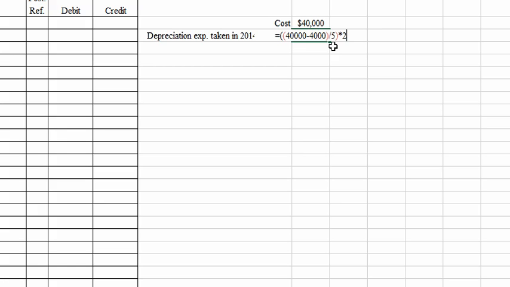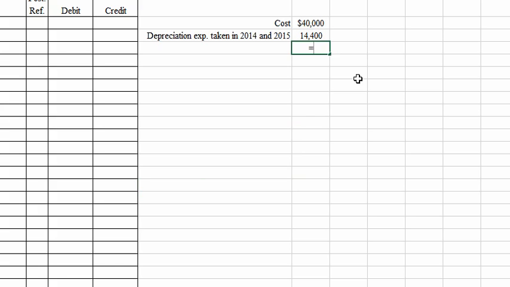That would get us the annual amount. We've already depreciated the computer in 2014 and 15. I want the total for the 2 years, so I'm going to multiply that by 2. So I get 14,400. Okay, and I want to subtract that out.